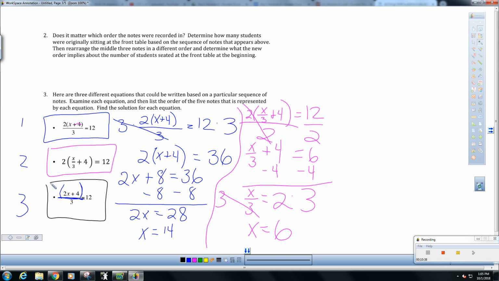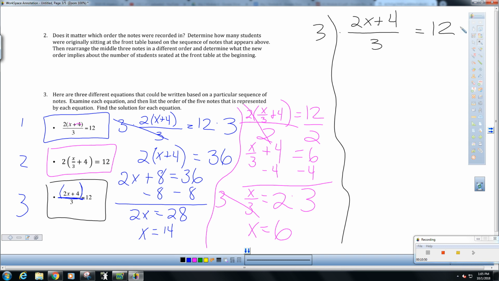2x plus 4 over 3 equals 12. Multiply both sides by 3. 3 divided by 3 is 1. 1 times 2x plus 4 is 2x plus 4. 12 times 3 is 36.